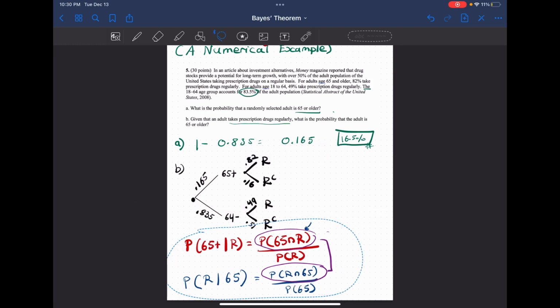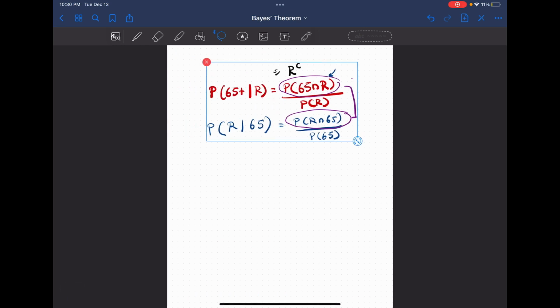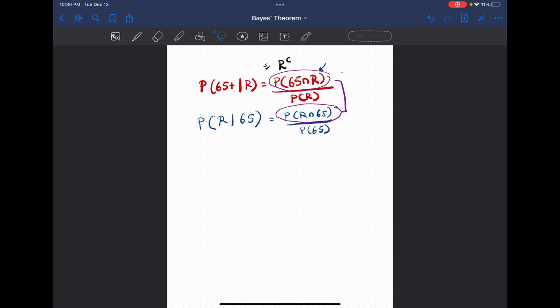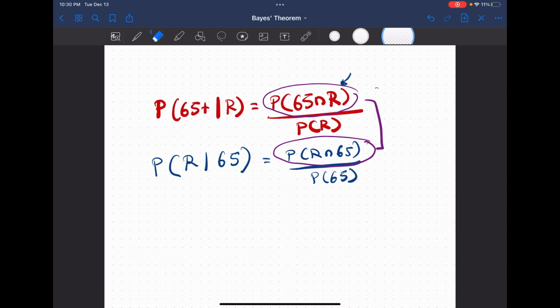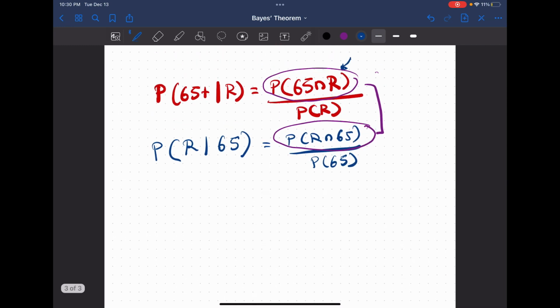So I'm going to copy that and move it to the next page. It's very important for you guys to notice this bit here. It's actually the same. So what we do then is manipulate it a little bit.